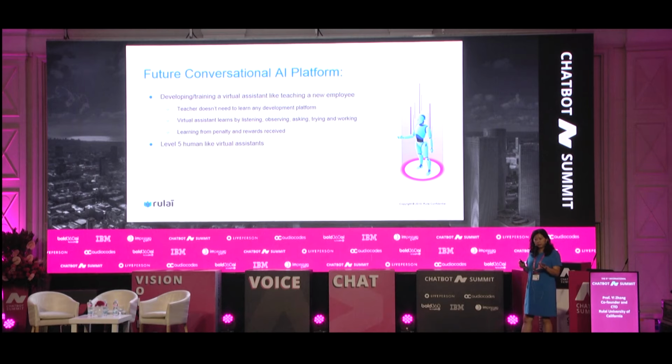The virtual assistant will be learning by listening to your teaching and asking you questions interactively, and learning from the penalties and the rewards you give to the virtual assistant. And eventually we can achieve a level 5 human-like virtual assistant. That's the more long-term future, and where our research team is working. And on the other side, the product is level 3, and the roadmap is level 4.